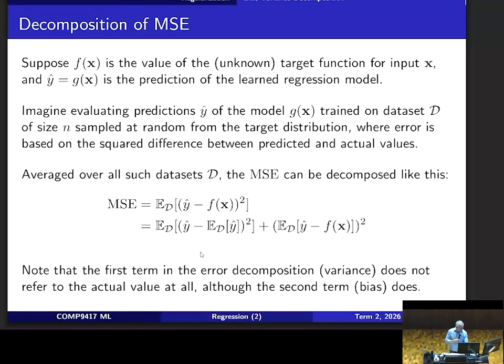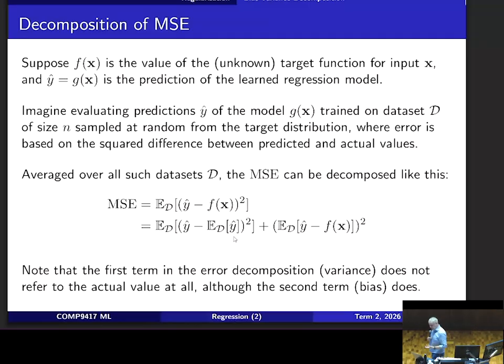But the term on the right is interesting because it doesn't involve the true value. It just says that this is about the change per sample of the y hat that you estimate on that sample versus the mean over all of the data sets of the y hats.